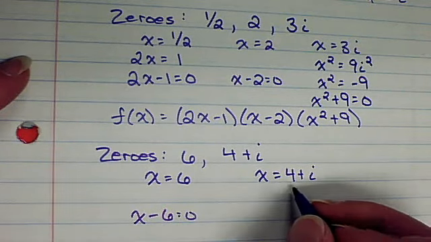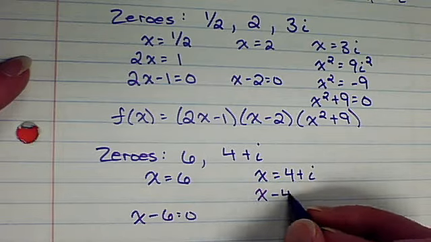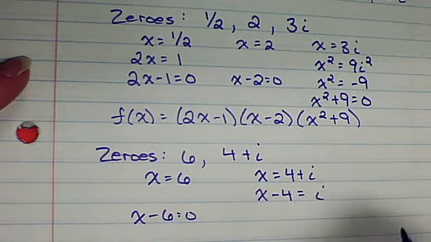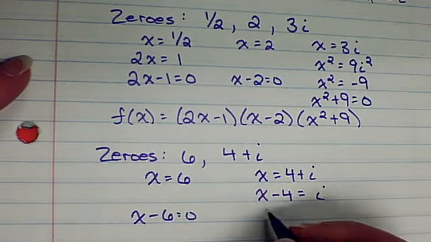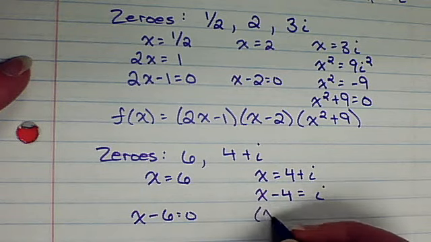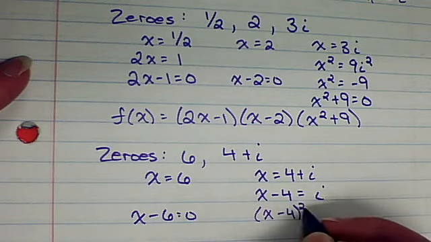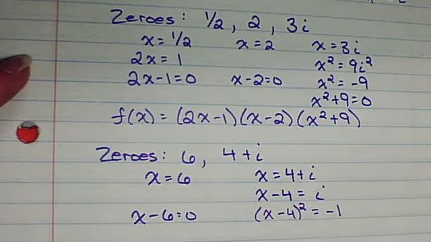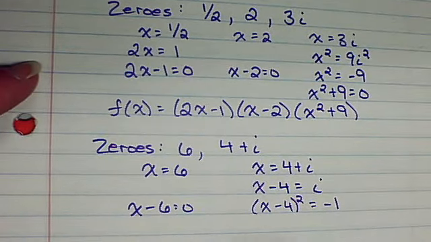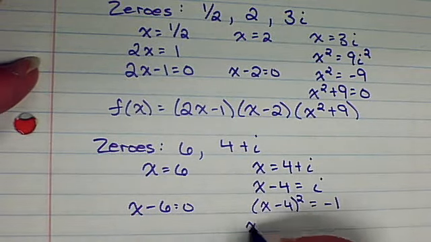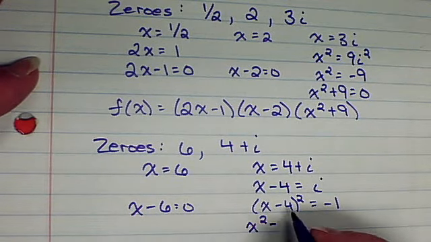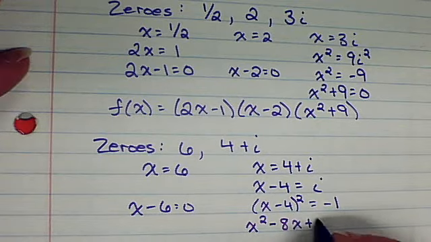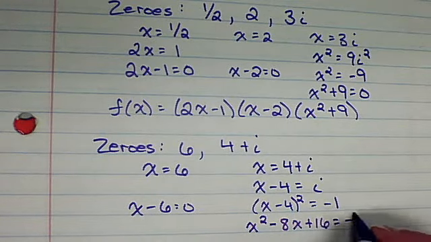But what about here? Let's try moving that 4 over. Now let's square both sides. I get x minus 4 squared equals negative 1. That still doesn't look right. Maybe I should multiply this out. So x squared minus 8x plus 16 equals negative 1.